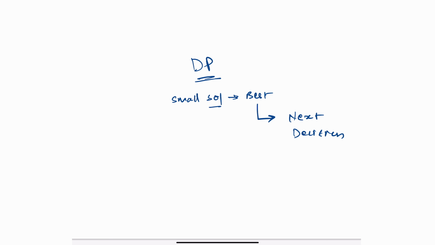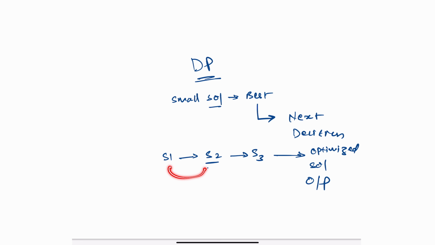Let's consider step 1, step 2, step 3, each resulting in an optimized solution that finally gives me the output result. That means every next step depends on the solution of the previous one. That's why the DP approach is helpful.